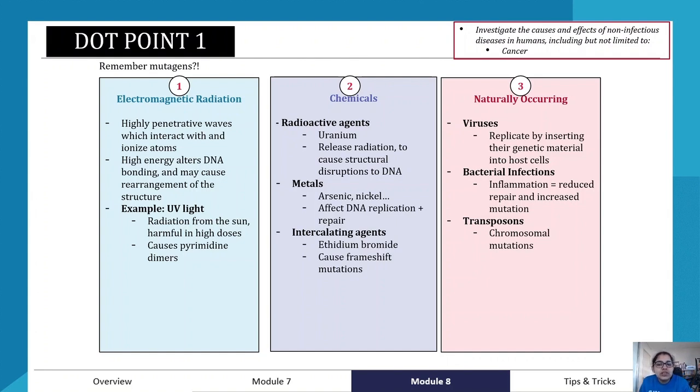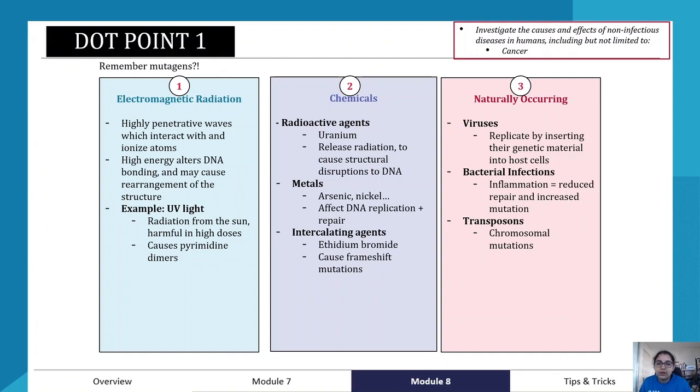Chemical mutagens include radioactive agents like uranium, which release radiation to cause structural disruptions. Metals like arsenic and nickel can affect DNA replication, and also the DNA repair system. Now, our repair system is really, really good at fixing any mistakes in the replication process.